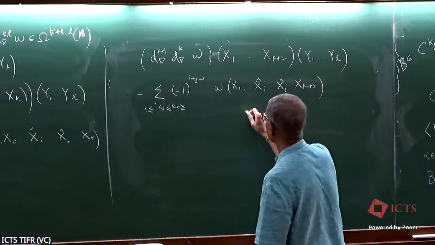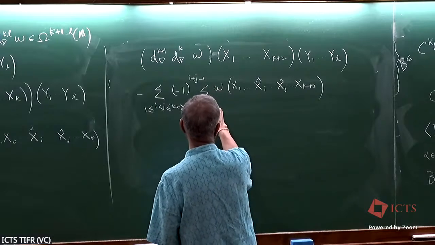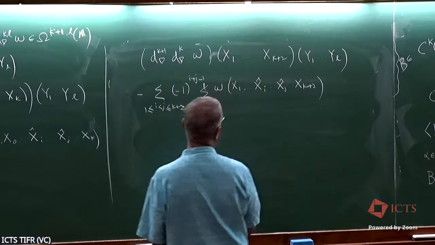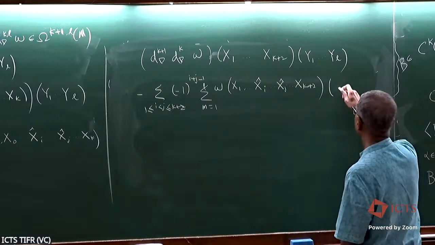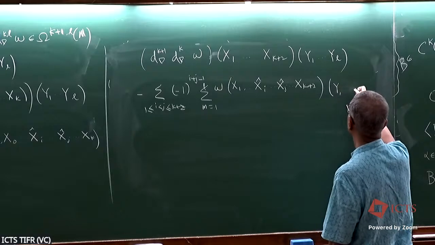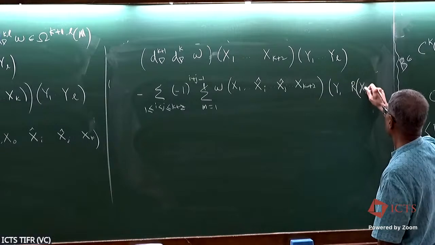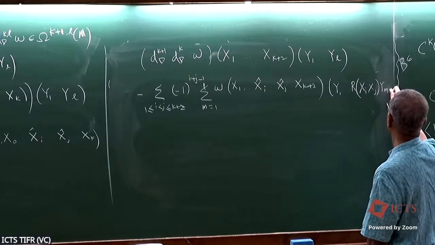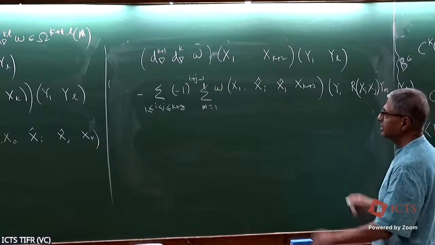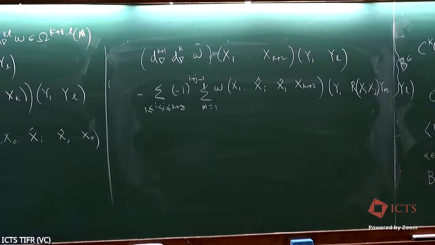And there will be another summation over m going from 1 to L. That summation will have y1, then the curvature tensor of xi, xj applied to ym. So this is the precise way in which d square is curvature in the case of double forms.